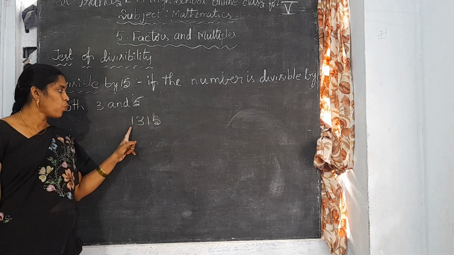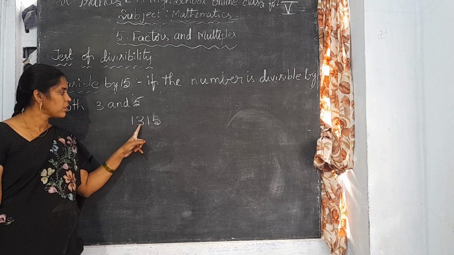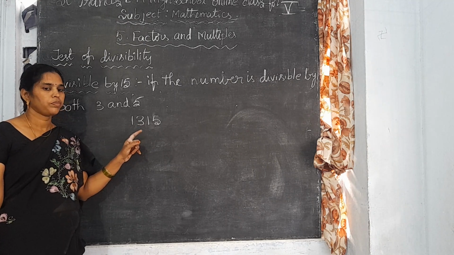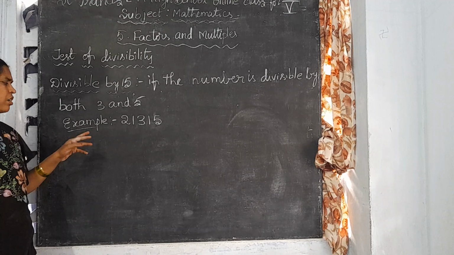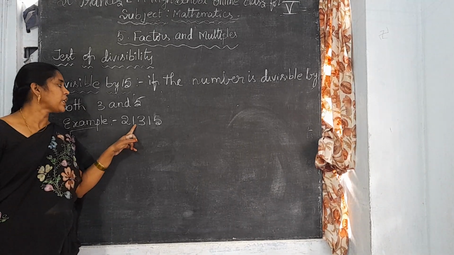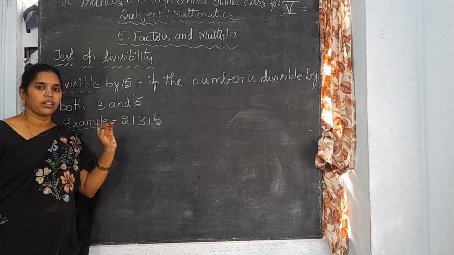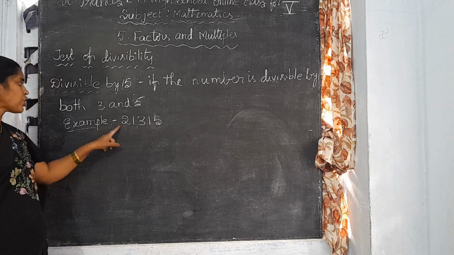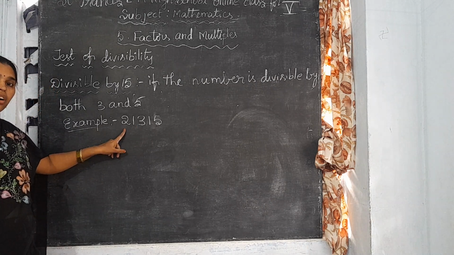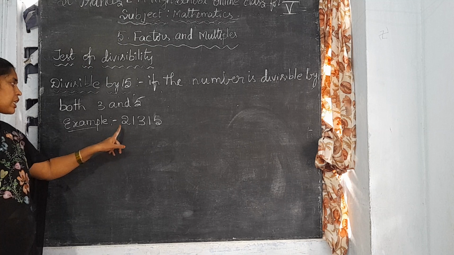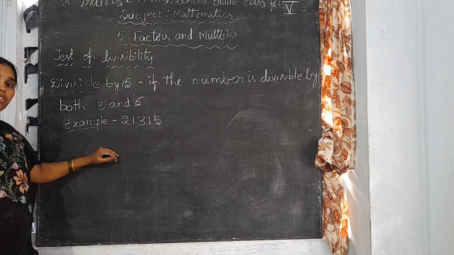Example: 21,315. First you check the divisibility rule of 3. What is the divisibility rule of 3?